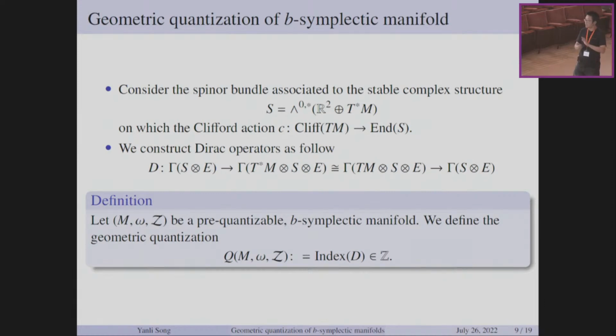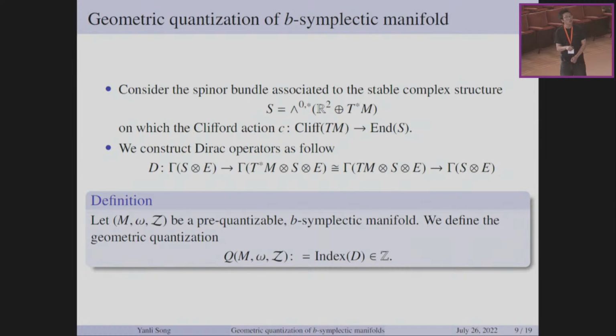So we can just do the same construction as before, but only apply to R2 direct sum with the b-tangent bundle or cotangent bundle. So we can define this spinor bundle associated to the stable complex structure. And this one also has a Clifford reduction of the tangent bundle. As long as I have this, I have everything I need to define the Dirac operator.